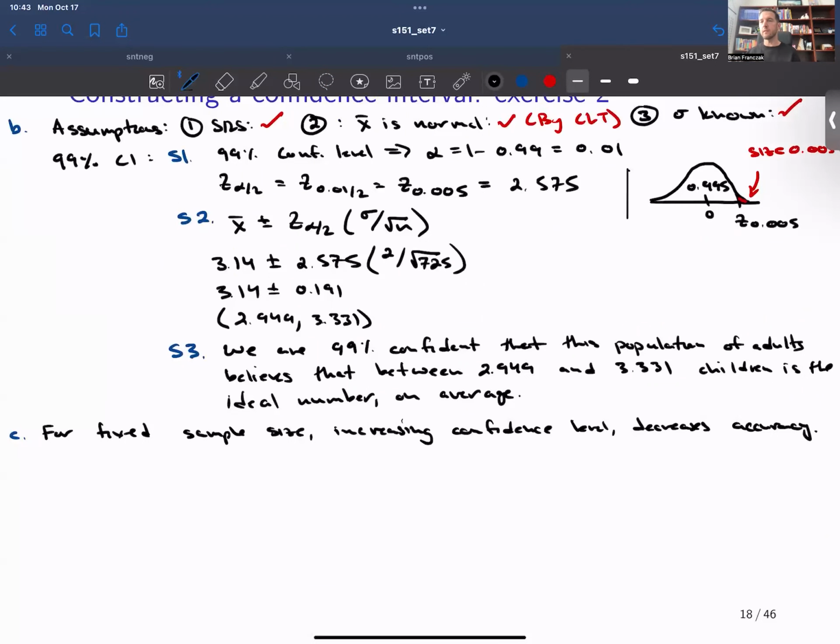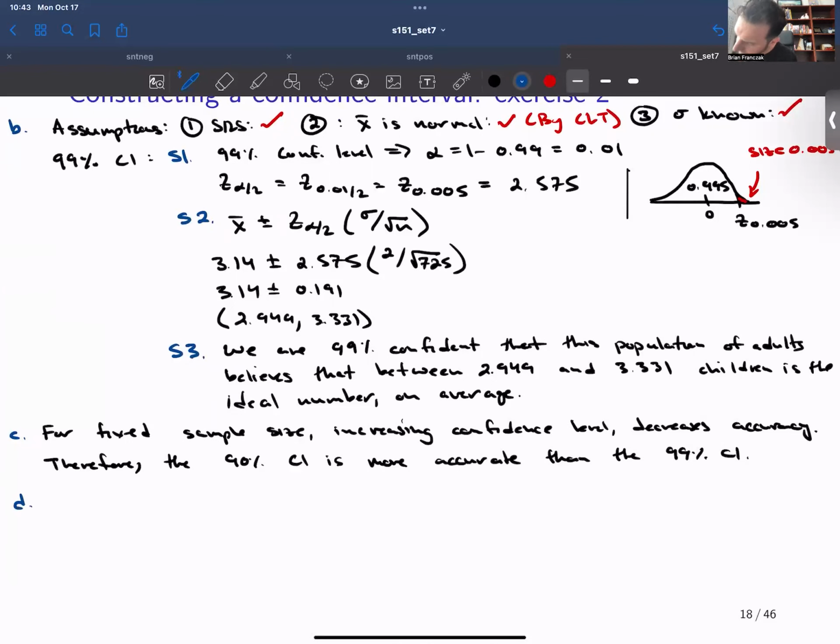Okay, so for the same sample size, if we increase the confidence level, the accuracy of the interval goes down. So in this case, therefore, the 90% CI is more accurate than the 99% CI.